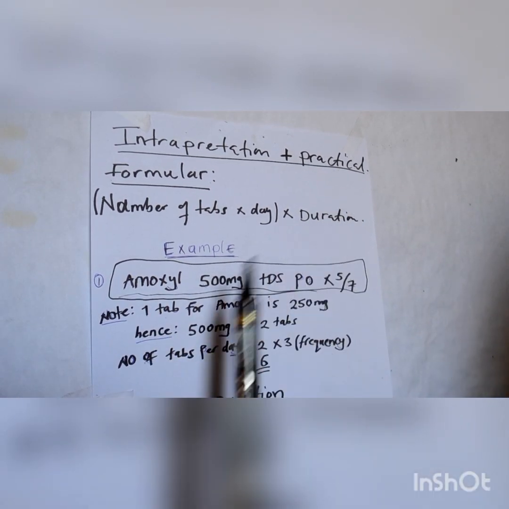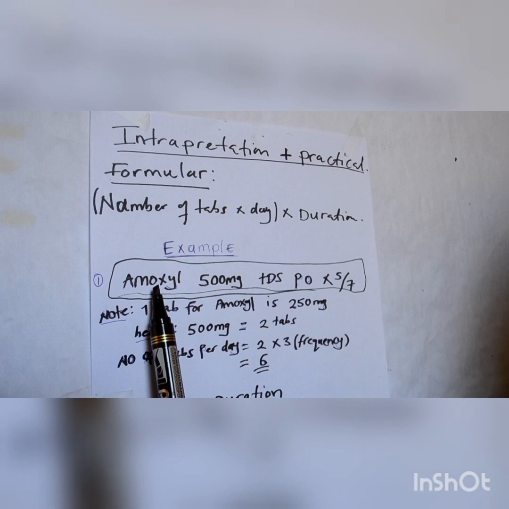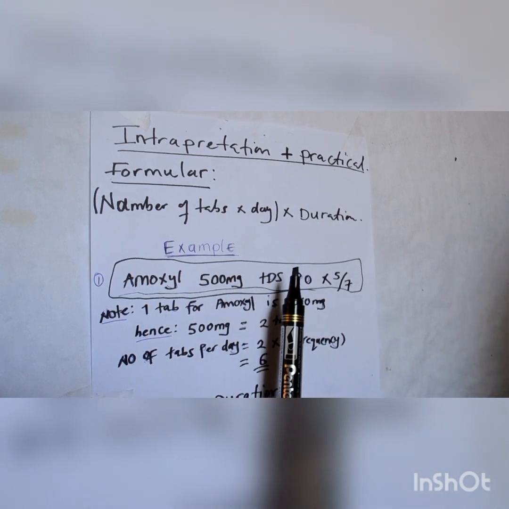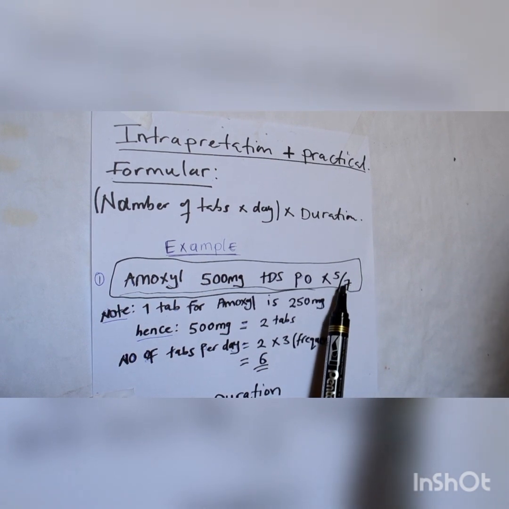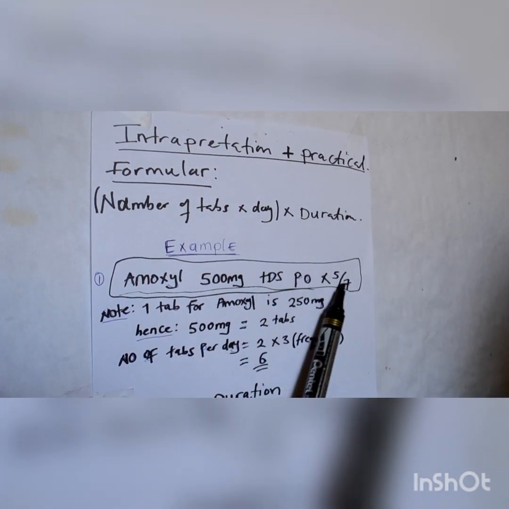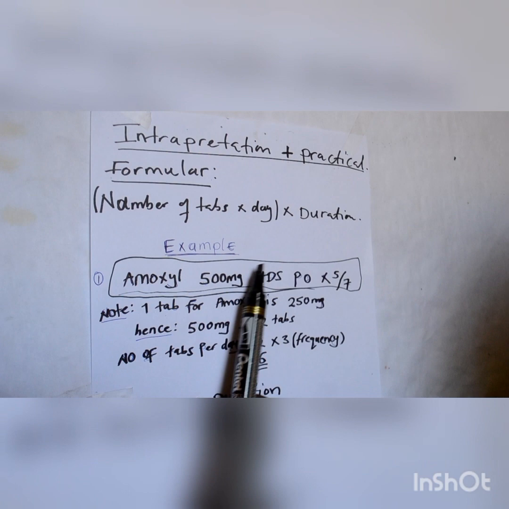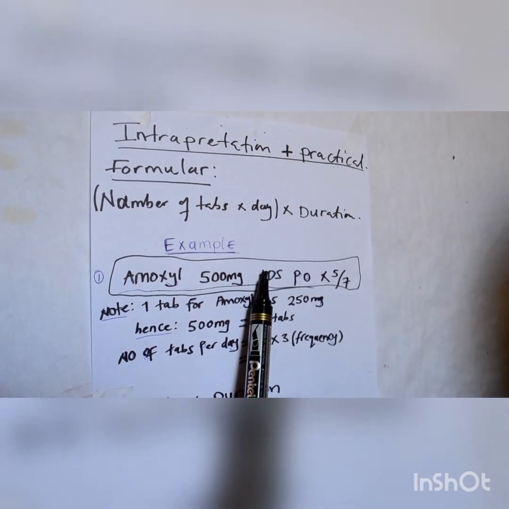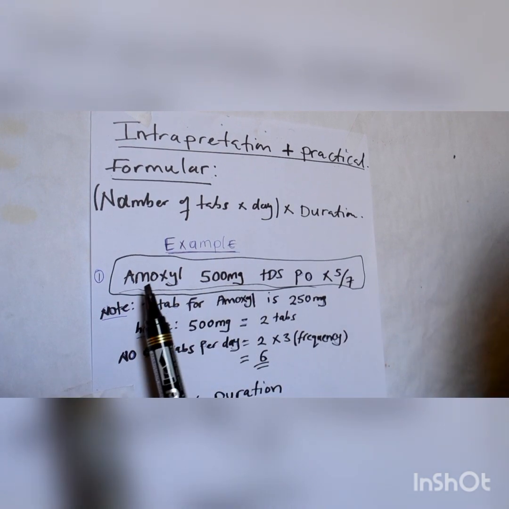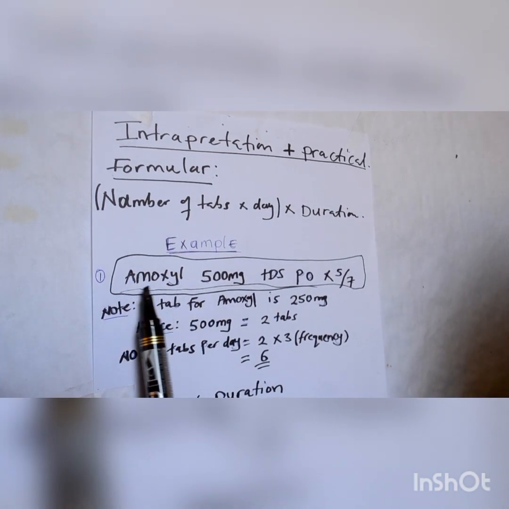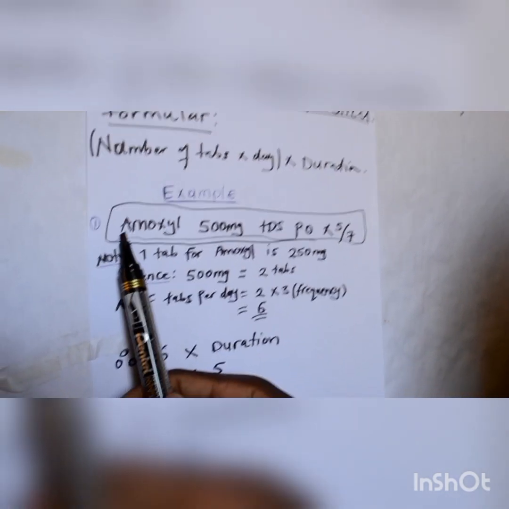The first part is the drug name, the quantity, the frequency, the route, and then the duration. So the interpretation is basically like this, and how you give out the drug to the patient. For example, amoxil.